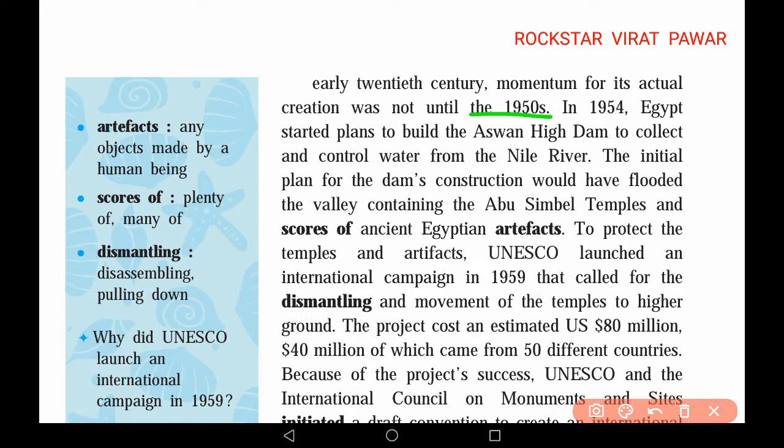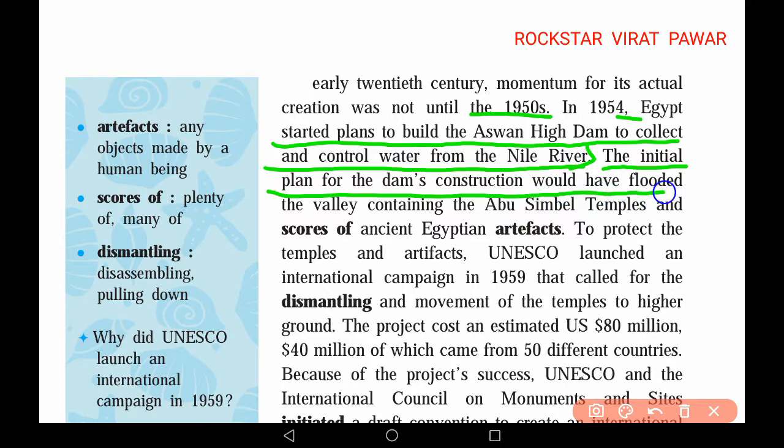In 1954, Egypt started plans to build the Aswan High Dam to collect and control water from the Nile River. The initial plan would have flooded the valley containing the Abu Simbel temples and scores of ancient Egyptian artifacts.